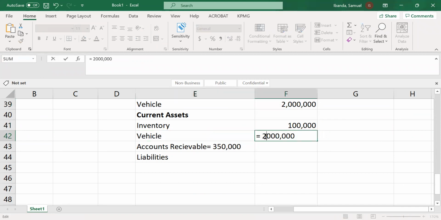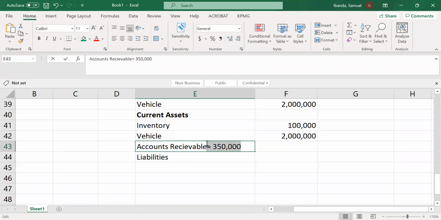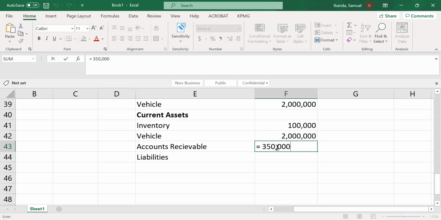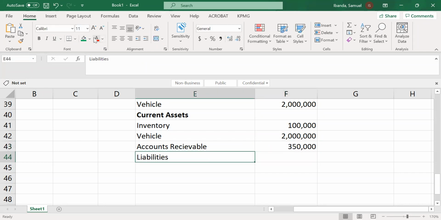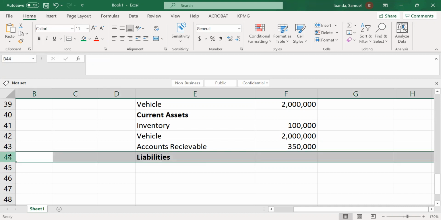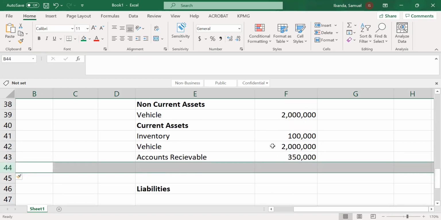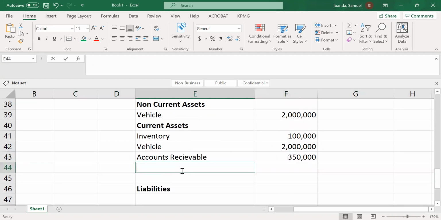These are my current assets, and I can get my total current assets.